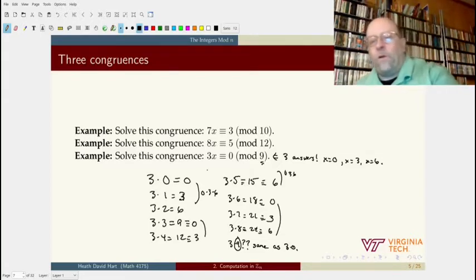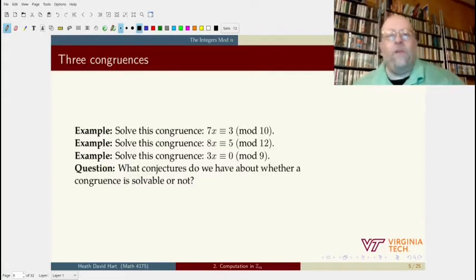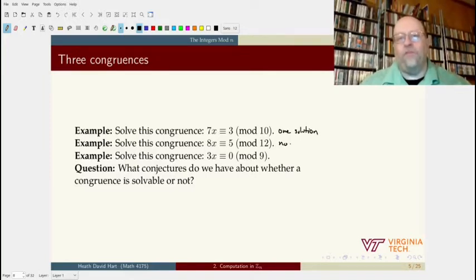So what I want to ask at this point is, can we make a conjecture about whether a congruence is solvable or not? That this one had one solution. This one had no solutions. This one had 3 solutions.